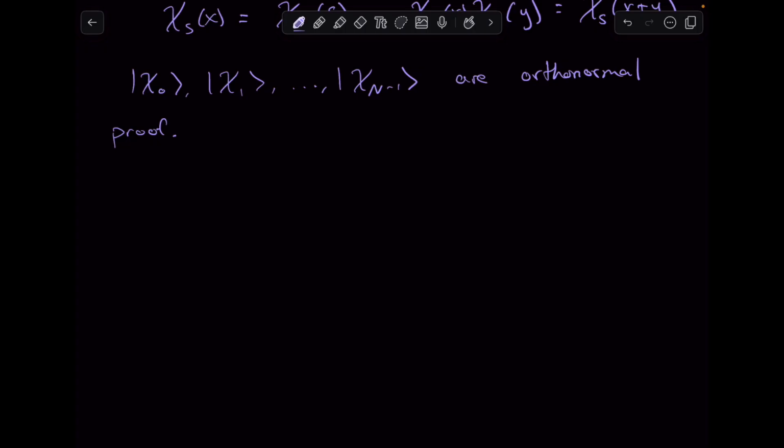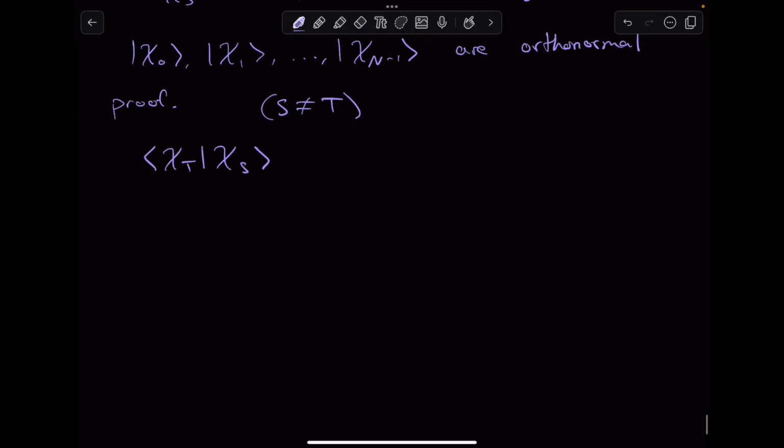So for s not equal to t, we want to compute bra chi of t, ket chi of s. And here we use the standard inner product on quantum states, which is to multiply all their amplitudes entry-wise and add them all up.